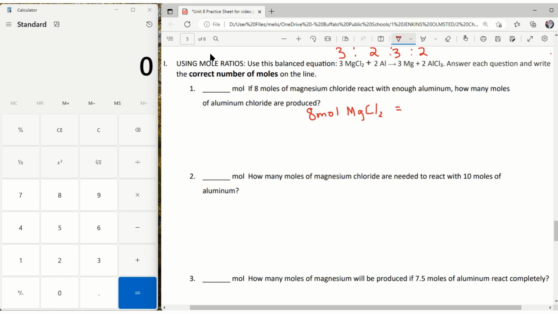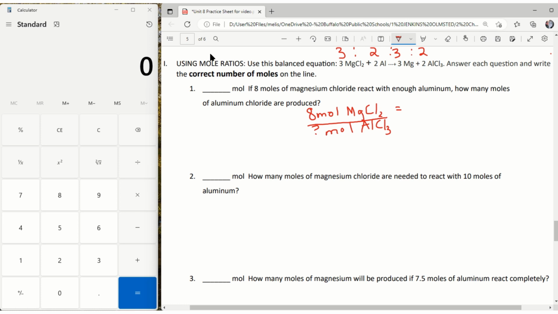Well, if I have 8 moles of magnesium chloride, I want to know how many moles of aluminum chloride. Well, so what the heck do I do? Well, I like to do it this way. Just set up a ratio.